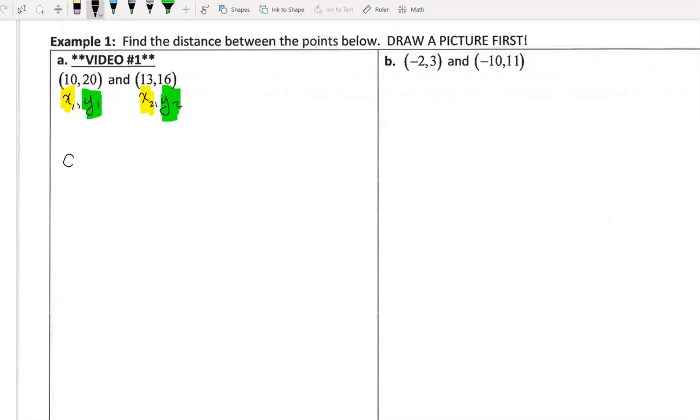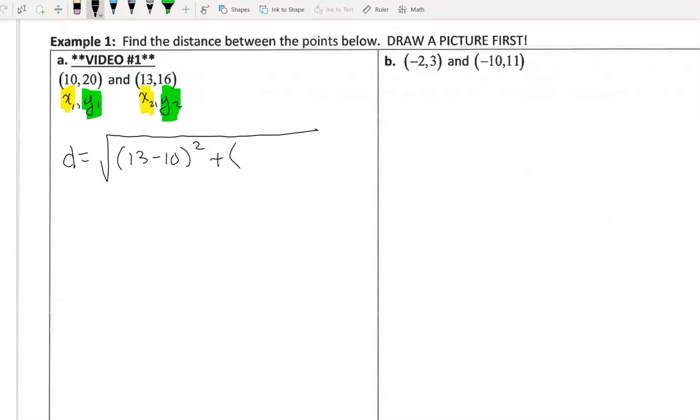So I'm going to have that d is equal to the square root. Okay, I'm going to subtract my x values, and since I'm squaring it, it doesn't really matter if I do x2 minus x1 or x1 minus x2. I usually will do it so that I can avoid negative numbers if possible. So I'm going to do x2 minus x1.